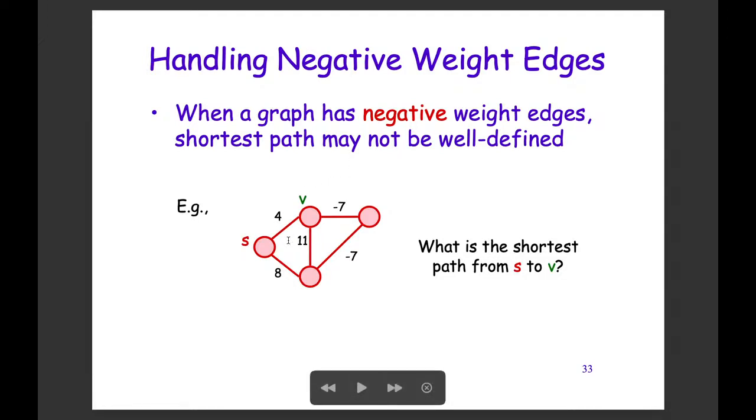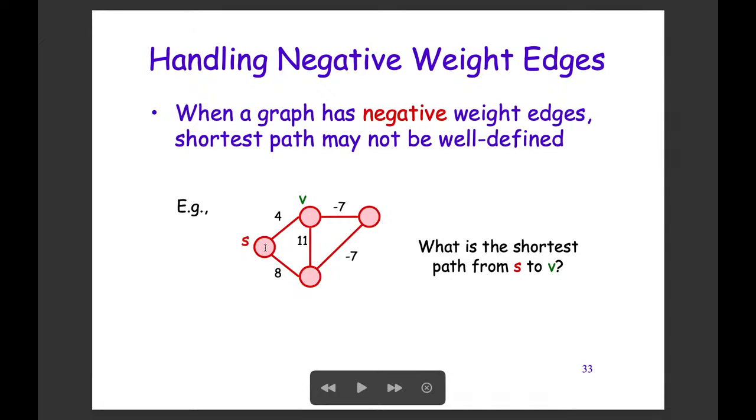For instance, why is it difficult, or why is it not okay to find out what is the shortest distance from S to V? So we see that if we walk directly from S to V, then we can have a length 4. But on the other hand, after walking to V, we may perform walking along this cycle. And the length of this cycle is -3 if we calculate correctly.